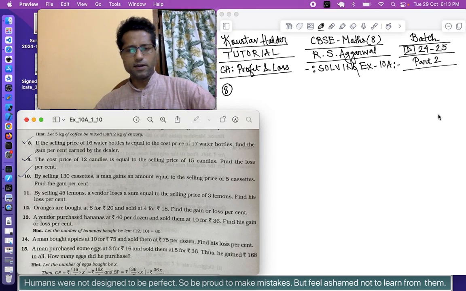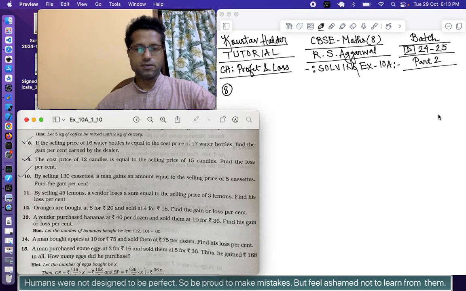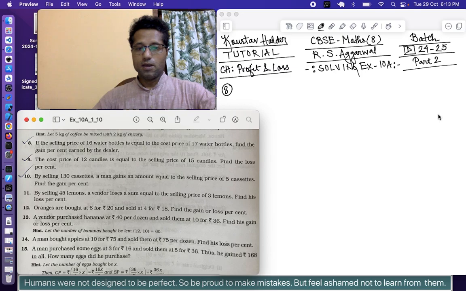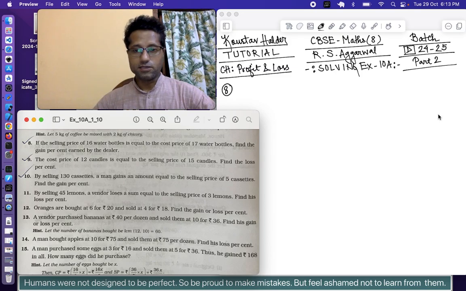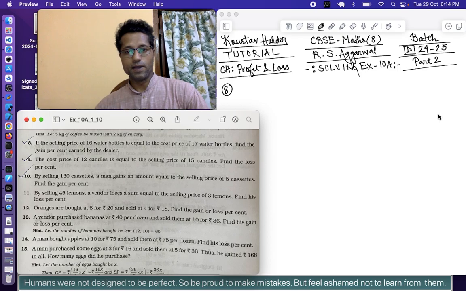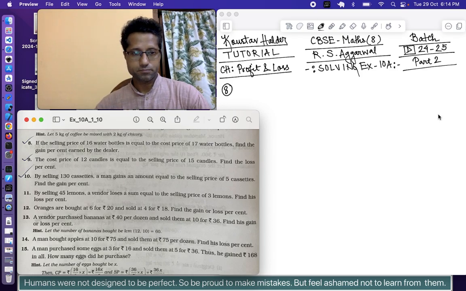This problem is a little bit tricky. We first have to find the CP and SP of one water bottle, and based on that we have to find whether it is a loss or gain.